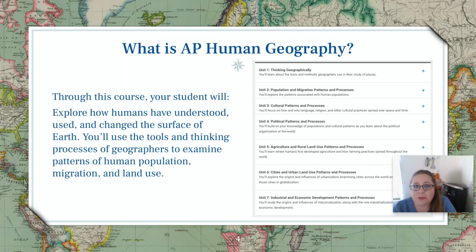If they pass the big exam in May, so when you take an AP class, there are exams that you can take in May, and if you pass it with a certain score, depending on the university that your student is going to, they might get course replacement, they might get credit. It just depends on the school that they want to go to. But yes, it's advanced placement. So it's an opportunity to show that your child is taking a rigorous course right out the gate as soon as they get to high school, and it puts them on the track for AP courses for the rest of their high school career.